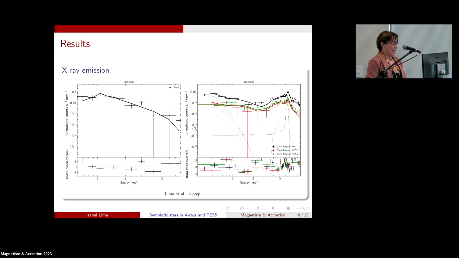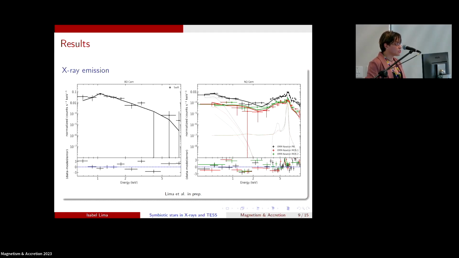Okay. Here is the true spectrum of BD Cam, observed as a target of opportunity from Swift in WT mode, which runs 1,000 times faster than PC mode.